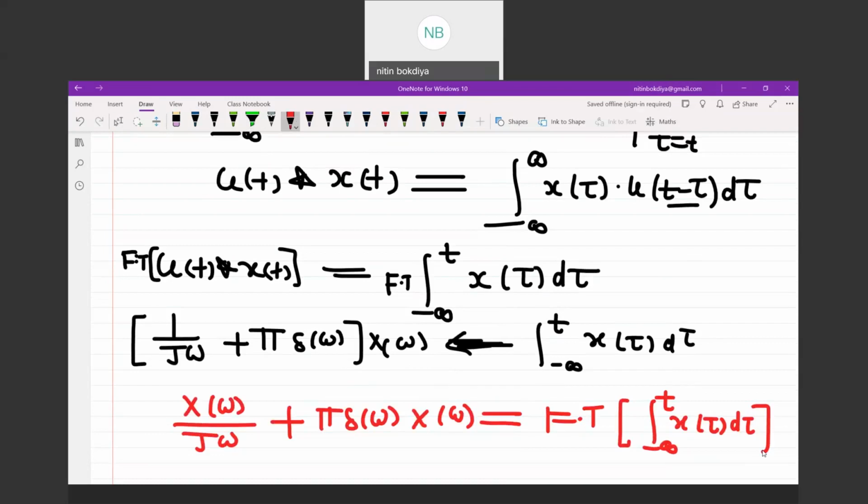This is the integration property of the Fourier transform, the next property.